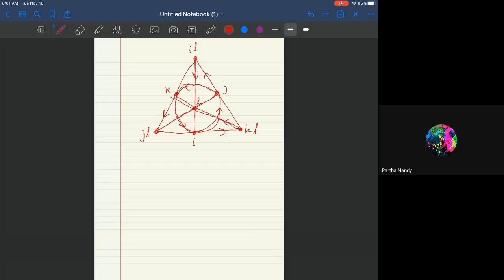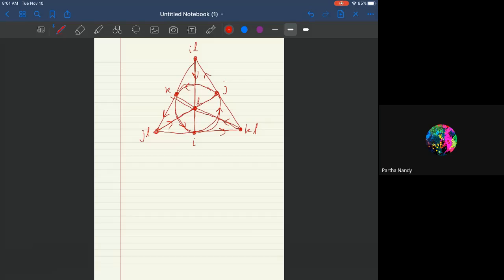If you take any 2 points on this diagram, you'll find there's a unique line that they lie on, and you can follow that line to determine what their product is.